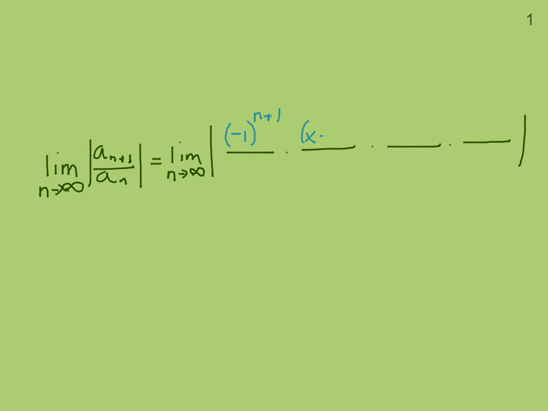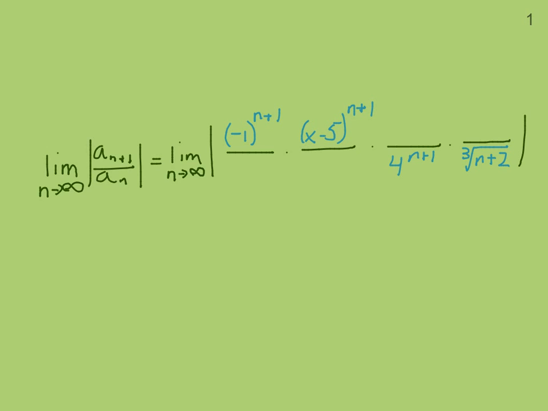Each separate term gets its own fraction. And then in the denominator, we have 4 to the n plus 1 and the cubed root of n plus 2.